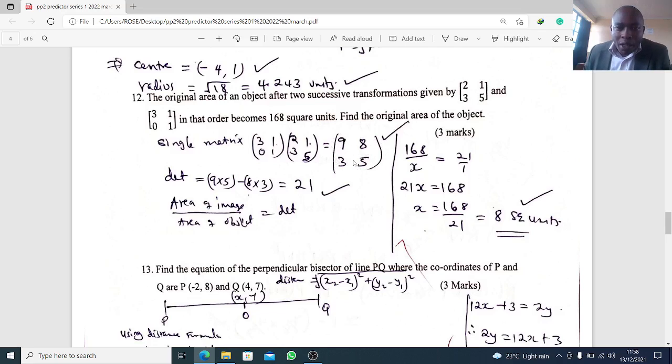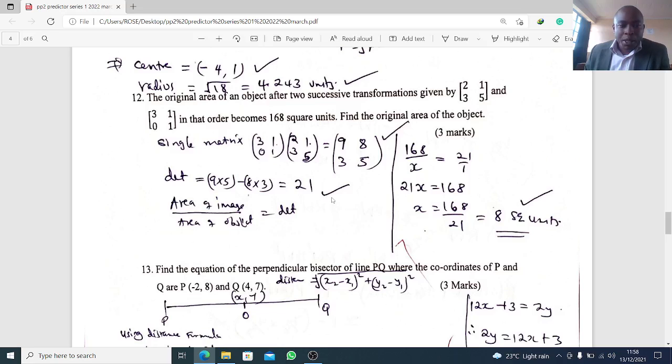So the determinant of this single matrix gives you the area scale factor. We find the determinant is 9 times 5 minus 8 times 3, which is 45 minus 24, which gives you 21.